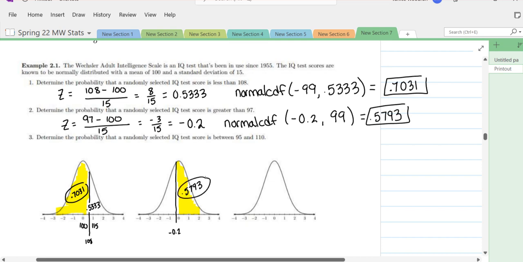Now, some of you might notice that you do put the mean and standard deviation on the 84 calculator.